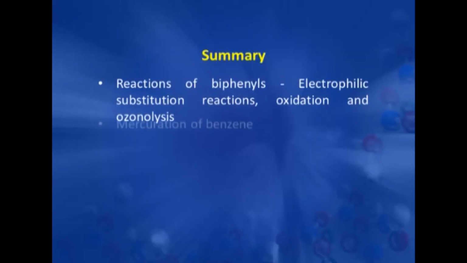In biphenyls, we have seen that one phenyl ring is acting as an electron acceptor and another as an electron donor. In the last, we have discussed mercuration of benzene, which we left in the last lecture, in which we discussed the electrophilic substitution of benzene, and this is the last lecture of the unit also, arenes and aromaticity. Thank you.